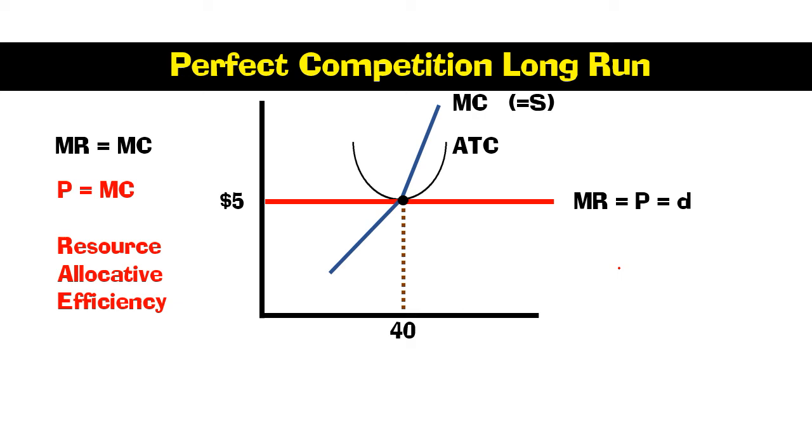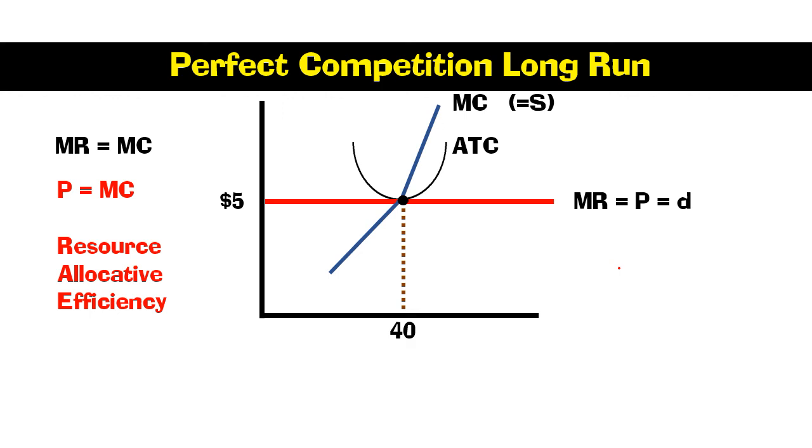Price equals marginal cost. We call that resource allocative efficiency. When the price is equal to marginal cost, all of the factors of production, land, labor, capital, and the entrepreneur, are being paid what they earned. Right? Everybody worked hard, they did their thing. You got compensated based on what you produced, what your economic contribution to this business was.